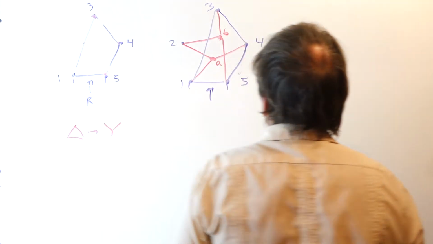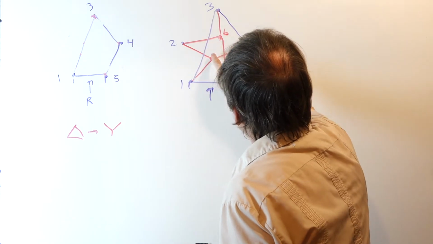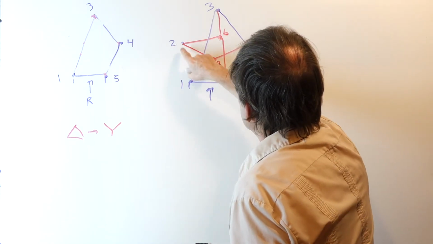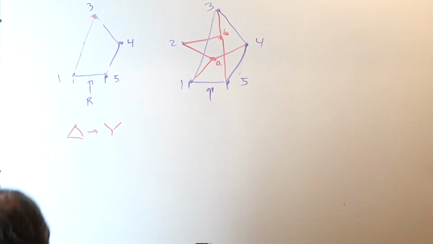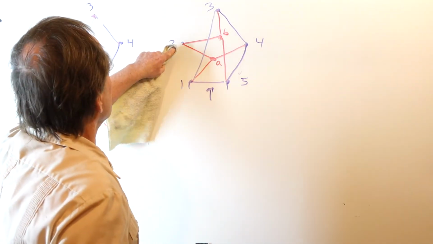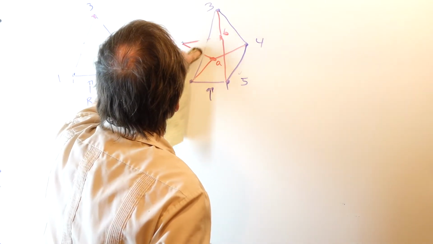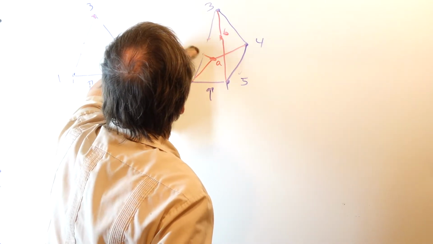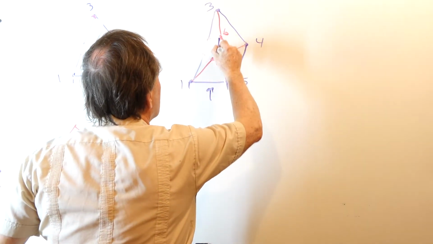Now, notice that we have a series combination here. So we can simplify this particular combination from B to 2 and 2 to A. We can combine these as a series and just put it directly from A to B.